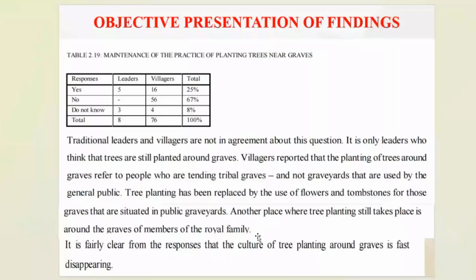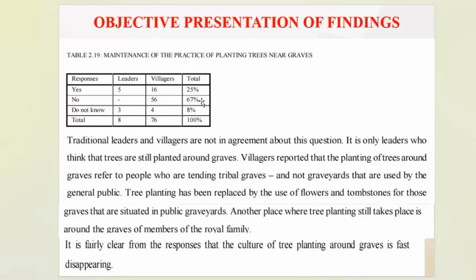But let us just read, and you will hear how I've interpreted the results, because you can see from the results that people who said no, those trees are no longer planted, are more than the people who said yes, trees are still planted. Only 25% said trees are still planted, which is a positive answer. But a negative answer says no, those trees are no longer planted.